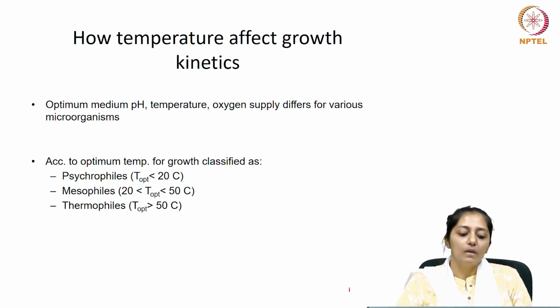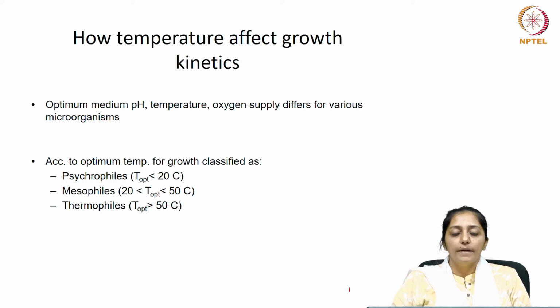For example, psychrophiles. Psychrophiles are organisms which generally grow at temperatures less than 20 degrees C, or at lower temperatures. Or mesophiles, where the optimum temperature ranges between 20 to 50, ambient temperatures. Thermophiles only survive at very high temperatures.